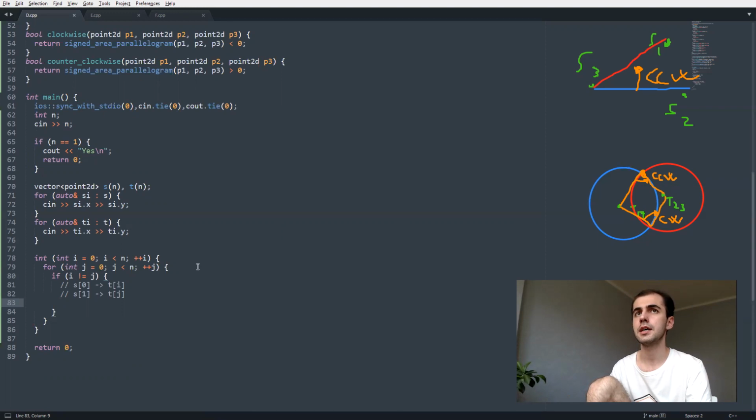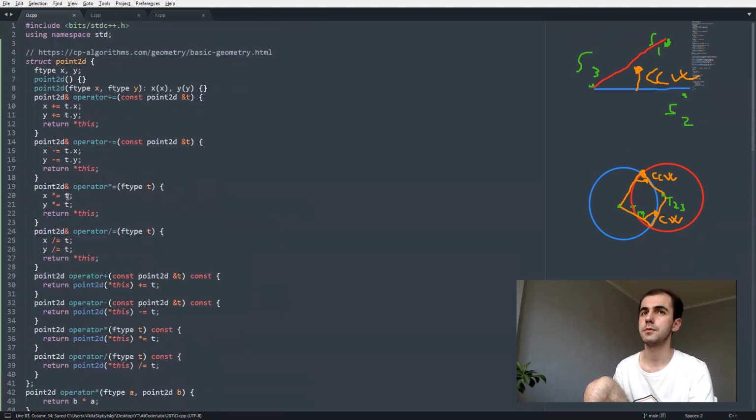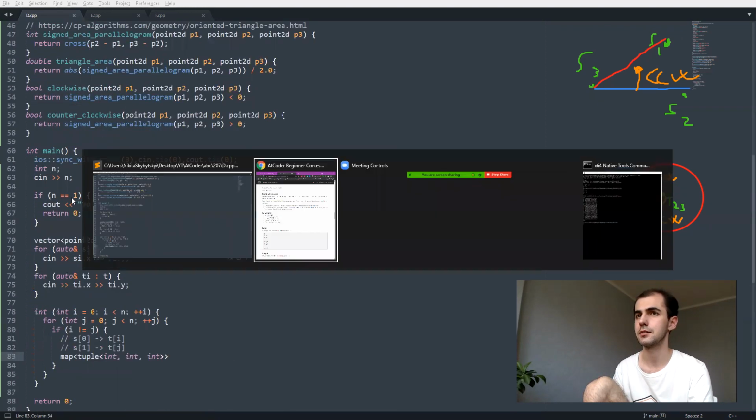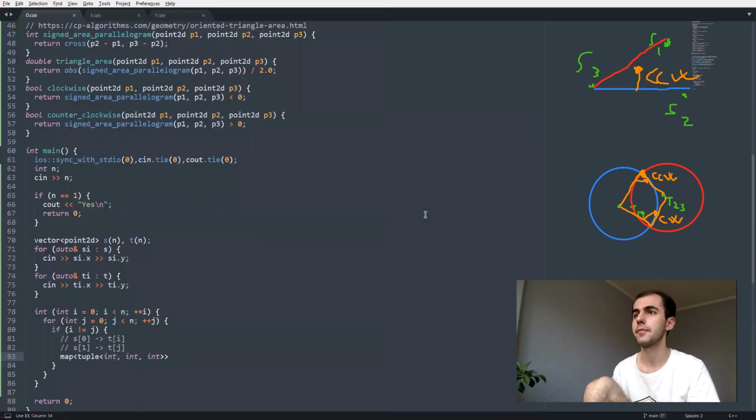How am I gonna do that? Okay, I think we can do that. Everything here is reasonably small, if you think about it, because all coordinates are up to 10. This is the way to go.